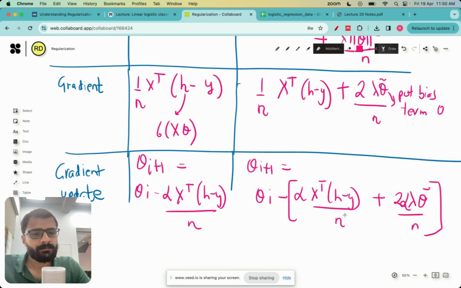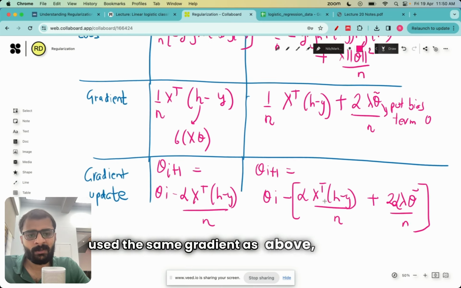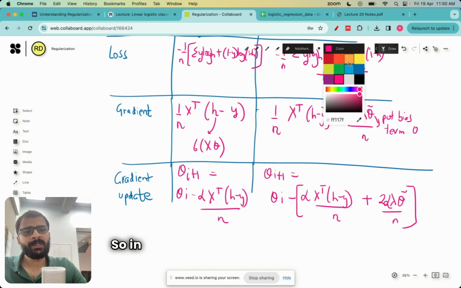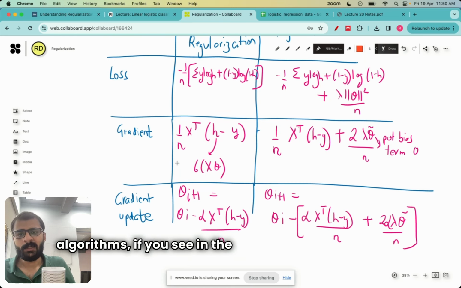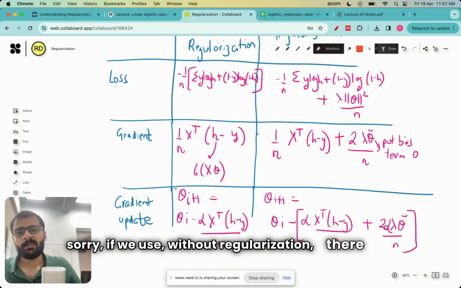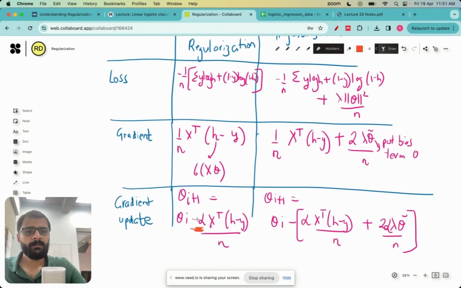Great. So in the last step, I have just used the same gradient as above, but added the learning rate parameter over here. In all of these algorithms, if we use no regularization, there is only one hyperparameter, which is the learning rate.